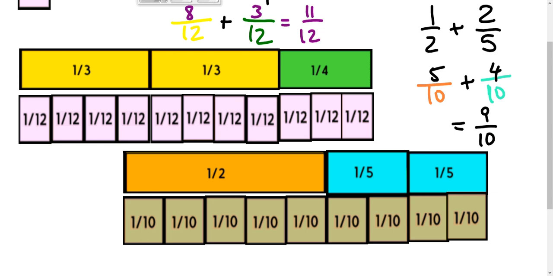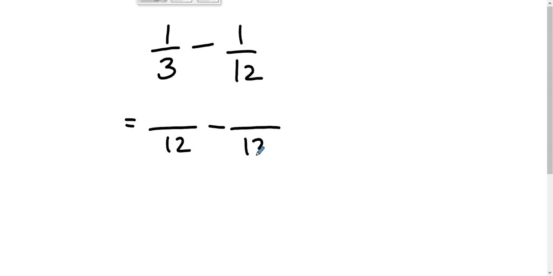Now, I mean, it's a hop, skip, and a jump to say let's subtract. What's a good common denominator here? Right, that's a good common denominator. 1/12 is the same as 1/12.